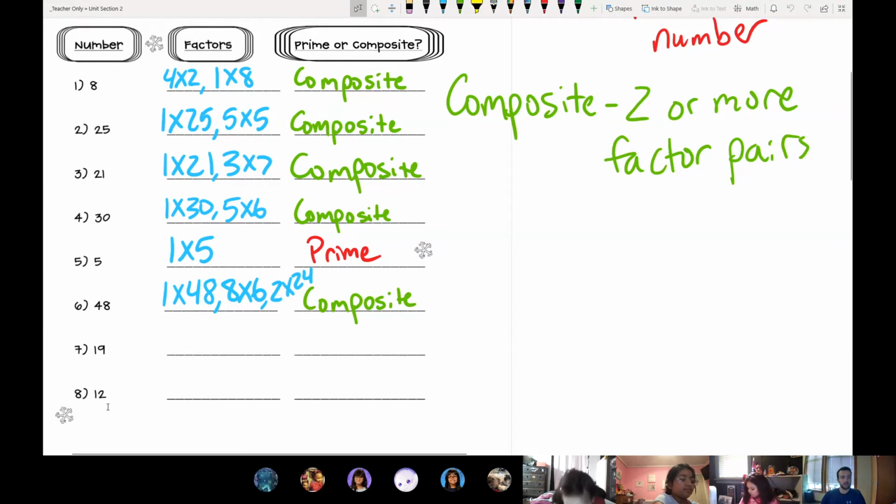Okay, we're going to skip 8. Let's finish on 7. The number is 19. What are the factor pairs of 19? Jocelyn, let's go ahead and put the dog down. So, factor pairs of 19.